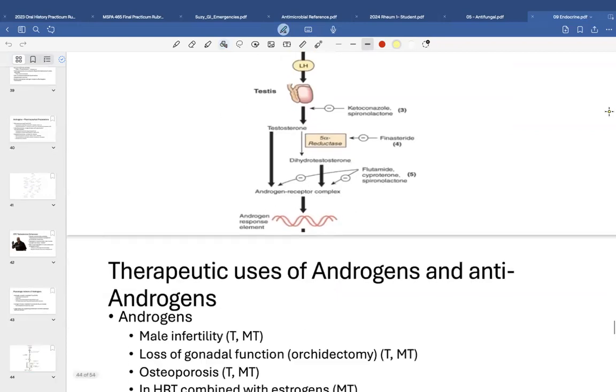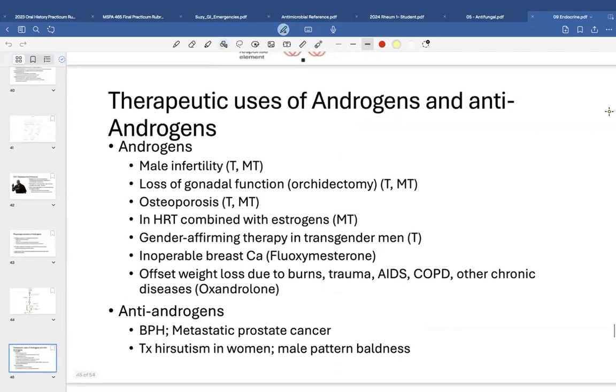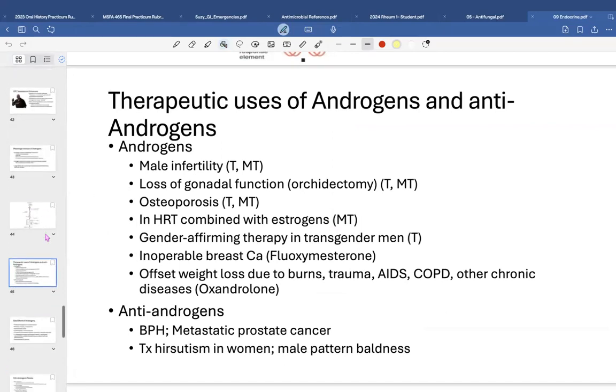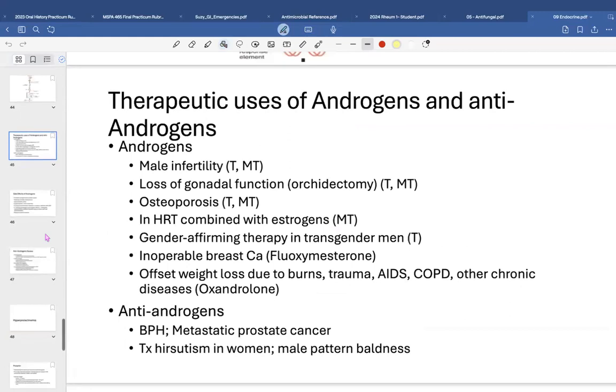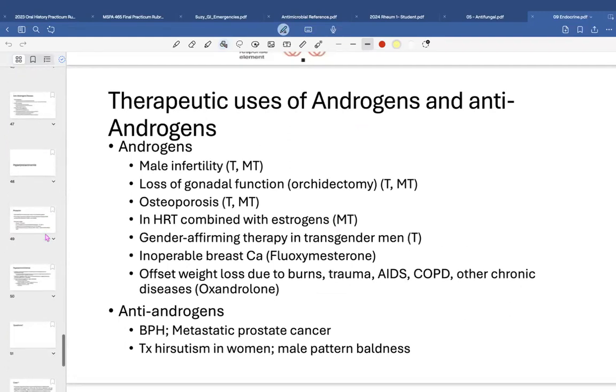Therapeutic uses: basically any condition where there is insufficient testosterone, including male infertility, and patients who've undergone orchidectomy, for example with testicular cancer. They will, of course, require testosterone supplementation.